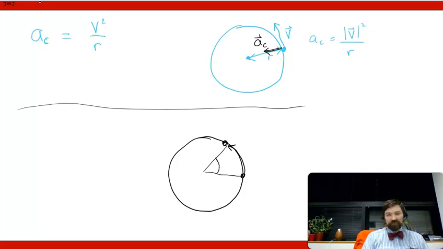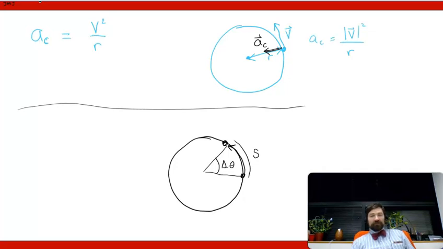In other words, I can sweep out some delta theta here instead of having to sweep out an x and sweep out a y. So this delta theta is related to the actual distance traveled. If this is arc length s, or delta s, or whatever you want to call it, then s must be r delta theta. And that's just using basic trigonometry.